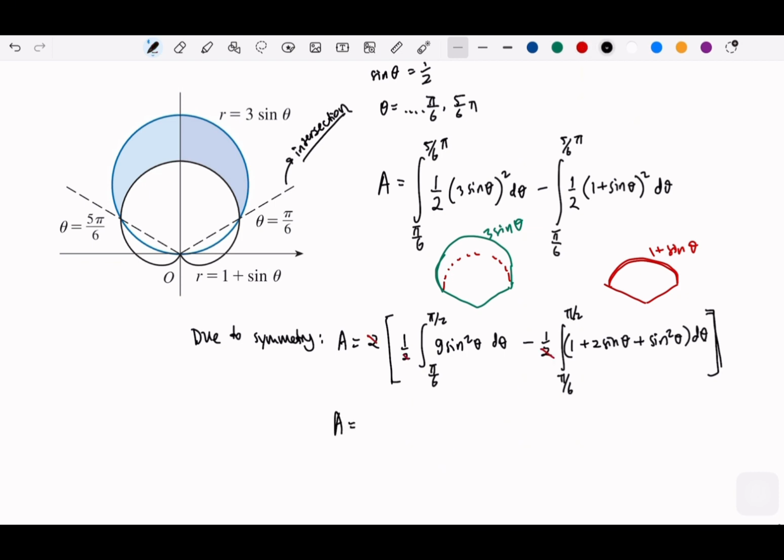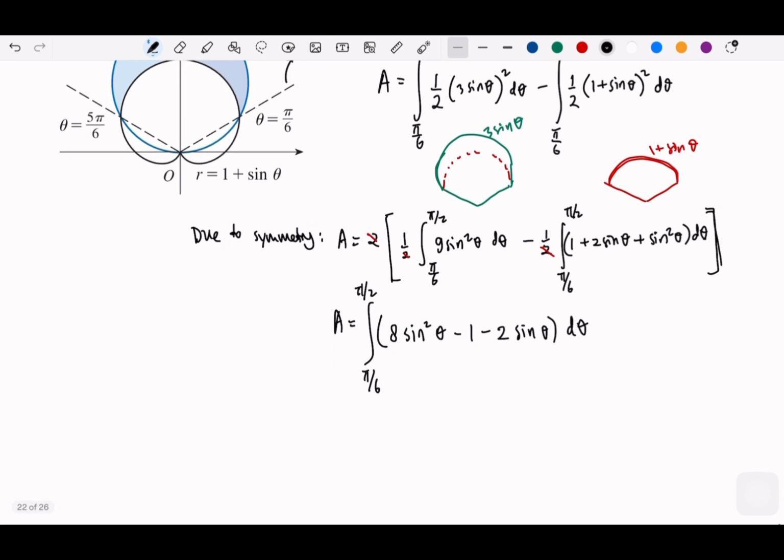So the area is the integral from pi over 6 to pi over 2 of 8 sine squared theta minus 1 minus 2 sine theta d theta. Okay. Next is taking the double angle for the integrations.